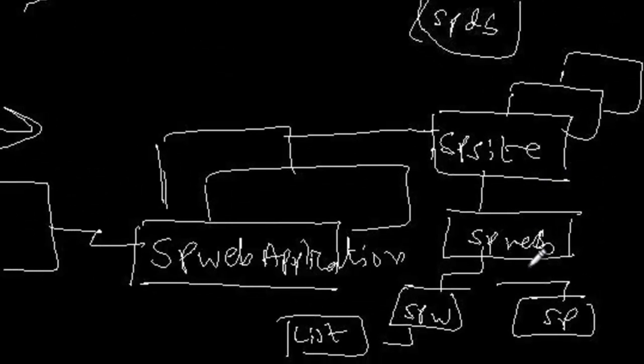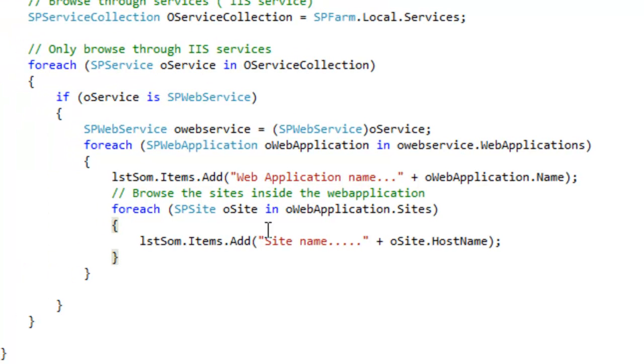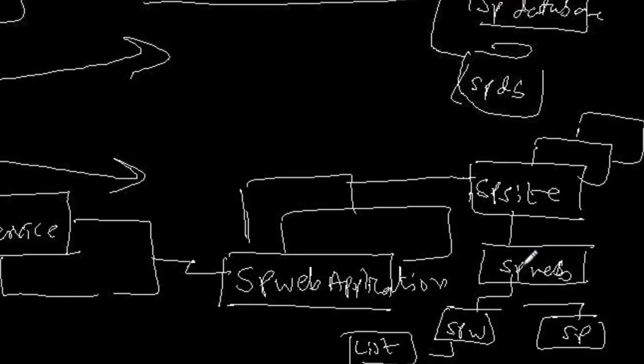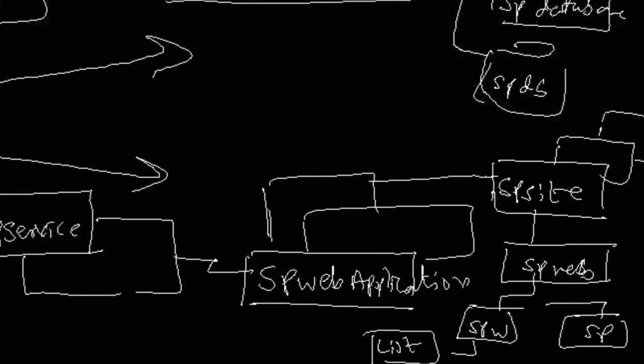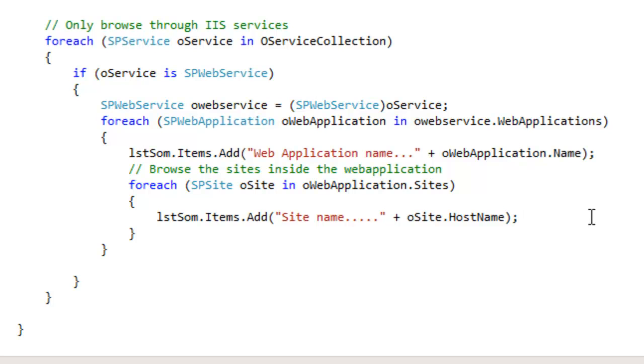Now we'd like to go to the SPWeb object and see the list, right? So we are already inside the site. That means we are over here. Now we'd like to see what kind of web pages are there inside the site. So get hold of the pages, or the web inside the site.